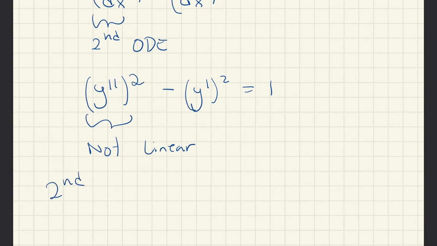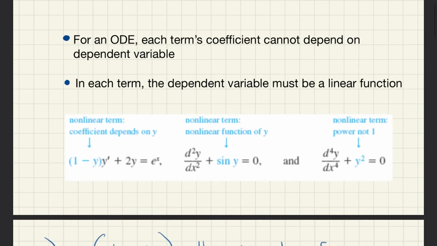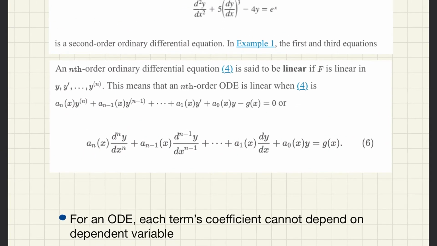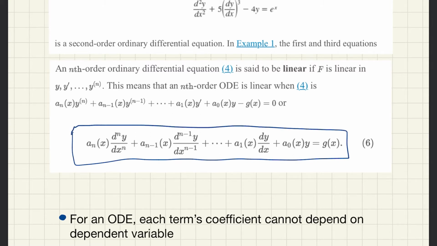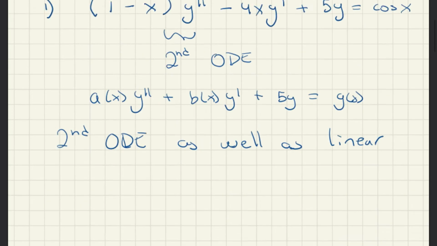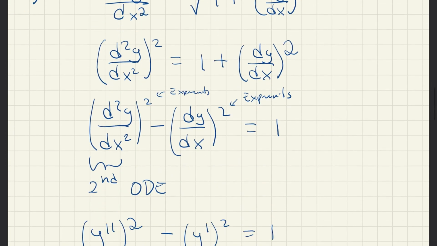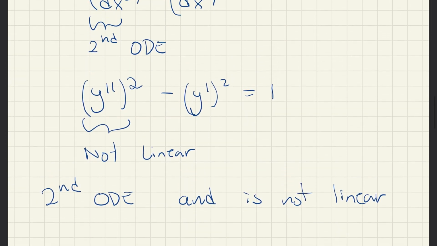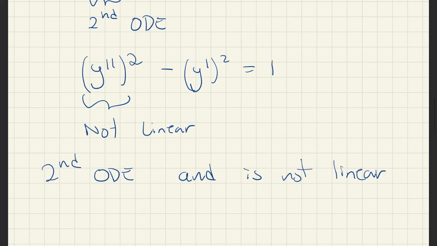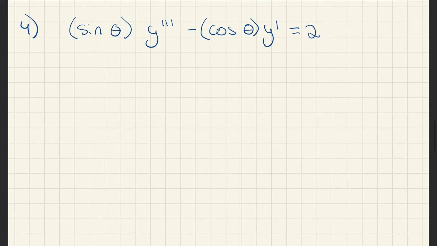You can say that this is a second order ordinary differential equation and is not linear. Once again, it's very important that you are familiar with this format so you can put all of your equations into this format and figure out if it's linear or not. If you don't understand what I'm doing, it's very important that you know that equation so you can keep up with the problems. Now let's go to the next one.